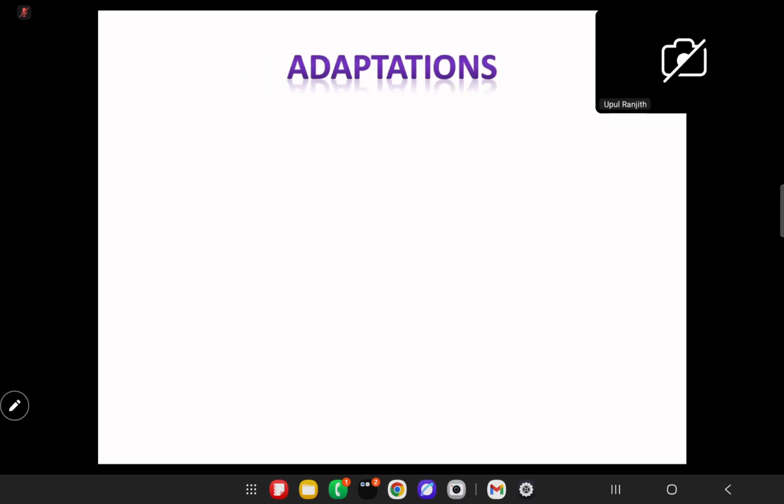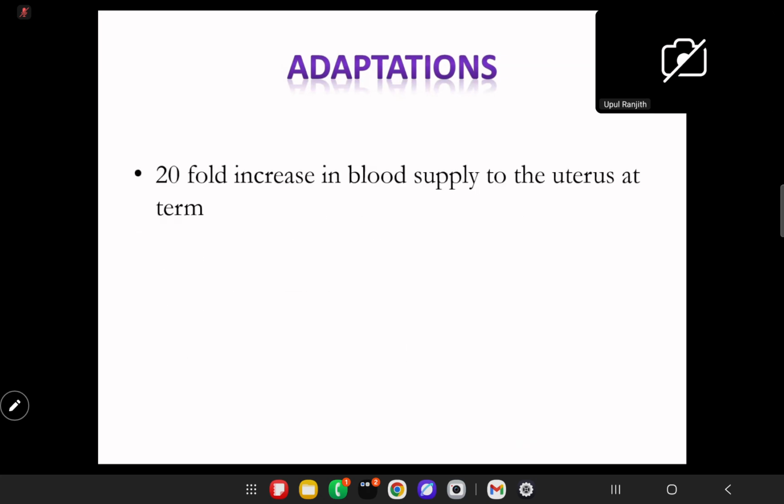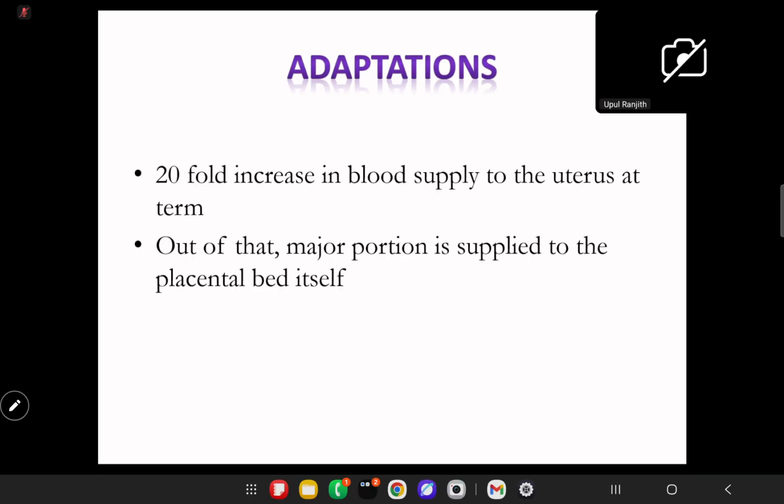So what are the adaptations for that purpose? One is the 20-fold increase in the blood supply to the uterus at term. If you compare the uterine blood flow in a non-pregnant woman and a pregnant woman, a pregnant woman at term will have a 20-fold increase in the blood supply.